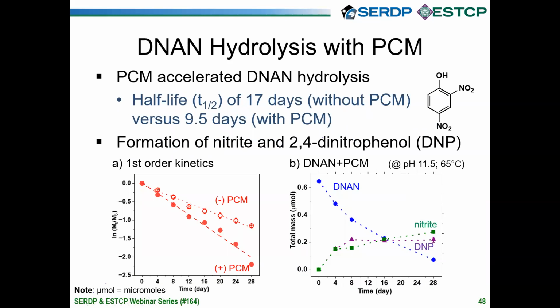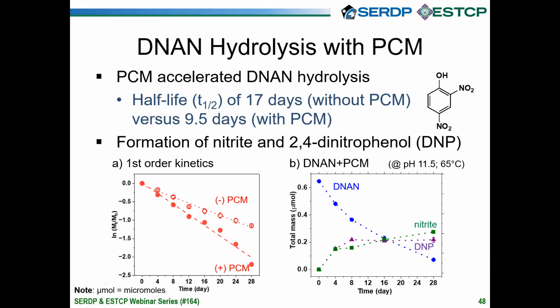So let's take a look at DNAN first. We have so far demonstrated that PCM can accelerate DNAN hydrolysis. As shown in panel A here, DNAN decay demonstrated first-order kinetics, where the slope represents the rate constants. The empty circles are DNAN hydrolysis without PCM, whereas the solid circles are DNAN hydrolysis with PCM.